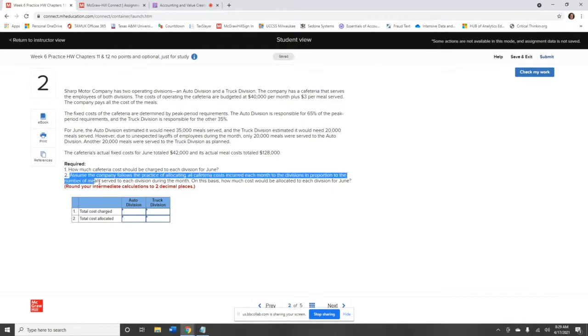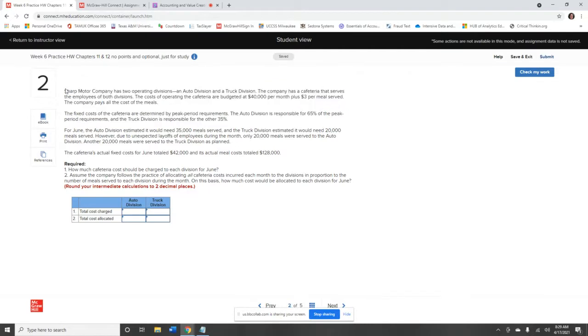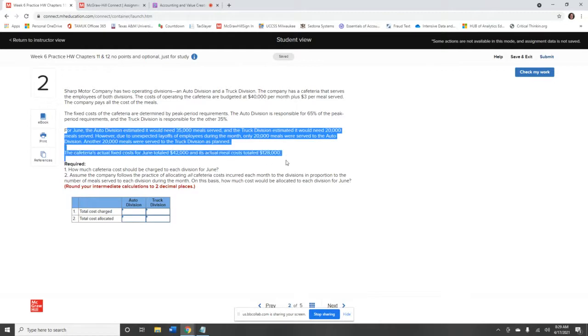And then assume the company follows the practice of allocating all cafeteria costs in proportion to number of meals served. Okay, so question 1 deals with how much should we charge based on, right, 40 per month plus 3 per meal. Auto gets 65%, truck gets 35%, which may or may not be fair, right, based on how we know it turned out.